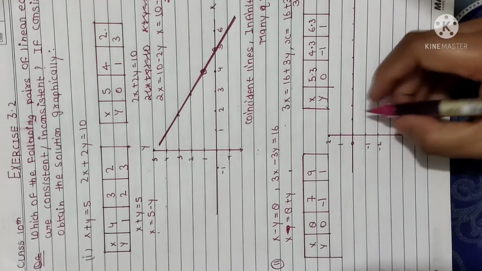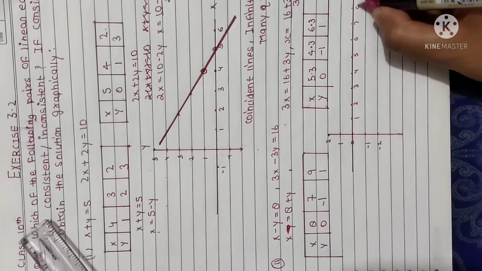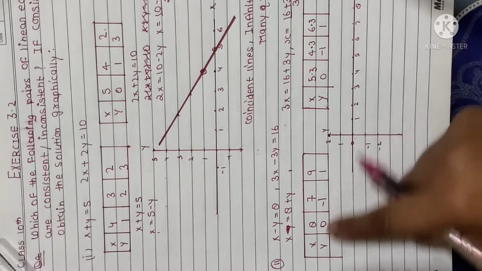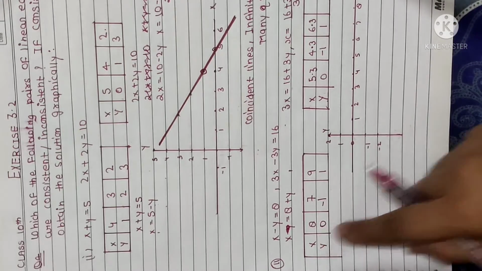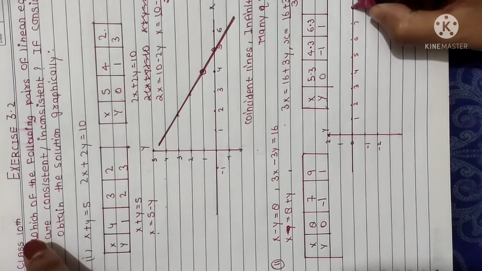Here 1 2 3 4 5 6 7 8 9, this is our x axis, this is our y-axis. Now when x is 8, then y is 0, so the first point is here.